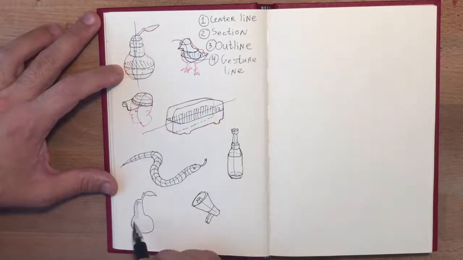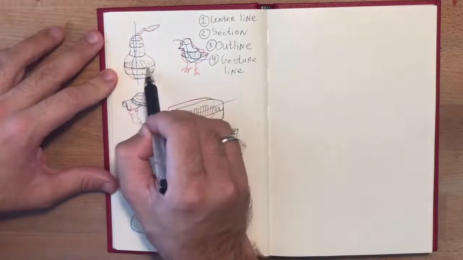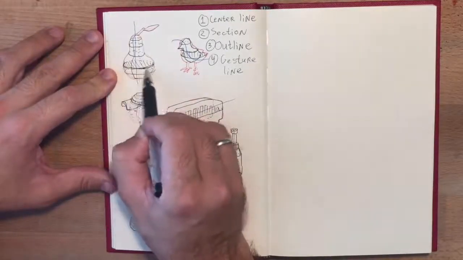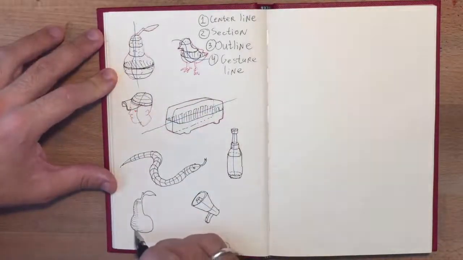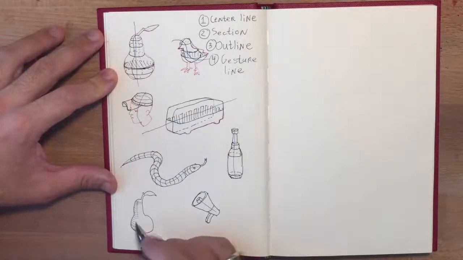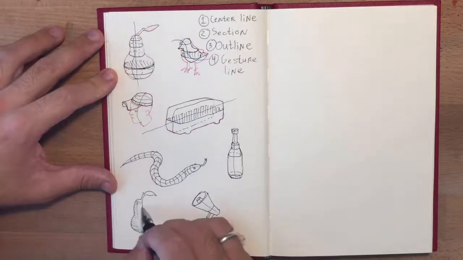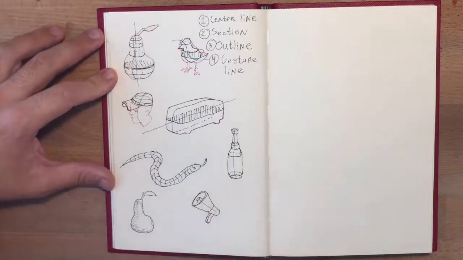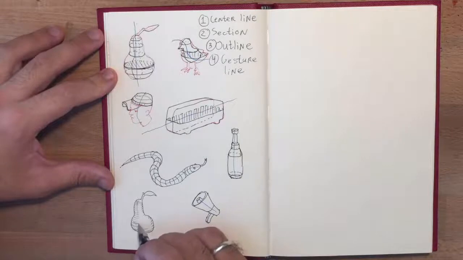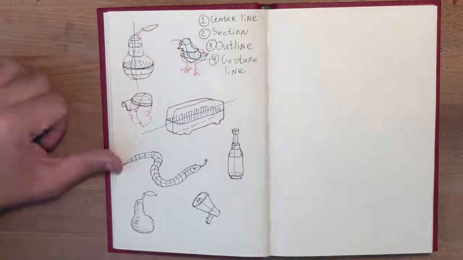So instead of drawing this section line, I make some marks which follow this line. You know what I mean.